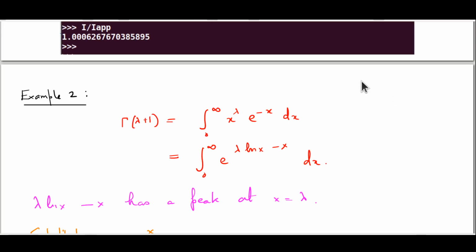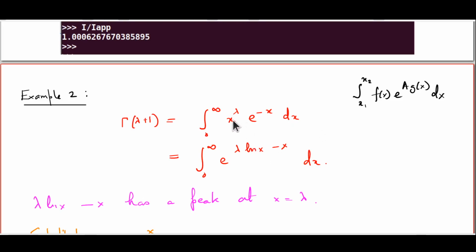Now, in order to do this, we must rewrite our integral in this form, which is relevant for the steepest descent approximation. A here is a large parameter. Of course, we already have a large parameter in our integral, which is the quantity lambda. But notice that here x to the lambda is sitting outside the exponent. So this form is directly not amenable for steepest descent.